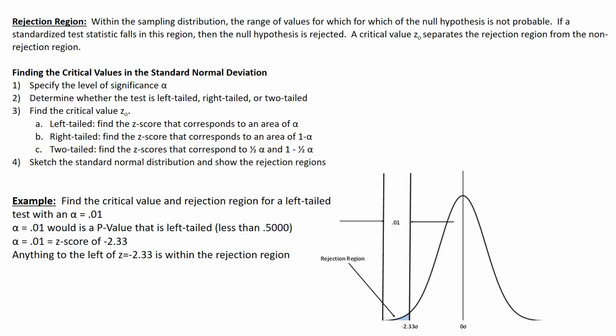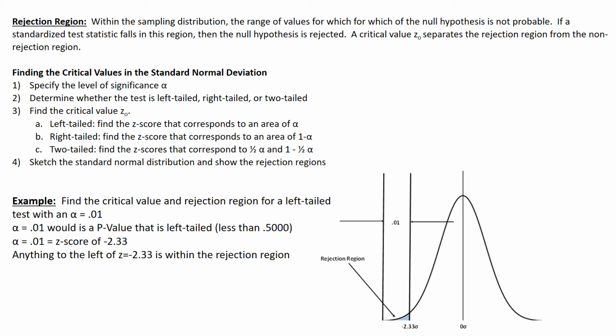Now, in the last chapter, we were talking about everything within it. When we talk about rejection regions, that's on the outside. It's still 100% of the curve. Let's look at this curve in the lower right here.